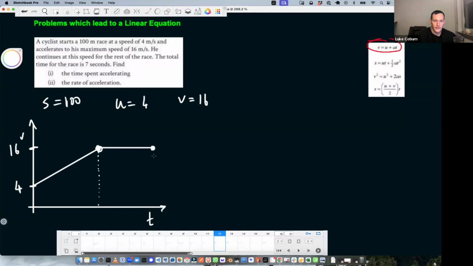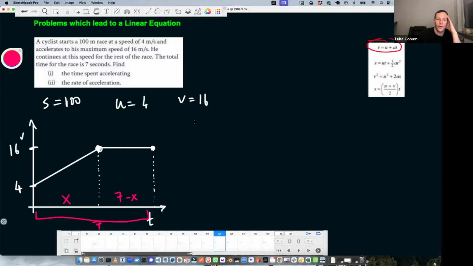Let's say that's the end of the race, right? We know that the total time is equal to 7 seconds, so I'm going to say that this is x seconds, and that would make this 7 minus x seconds.